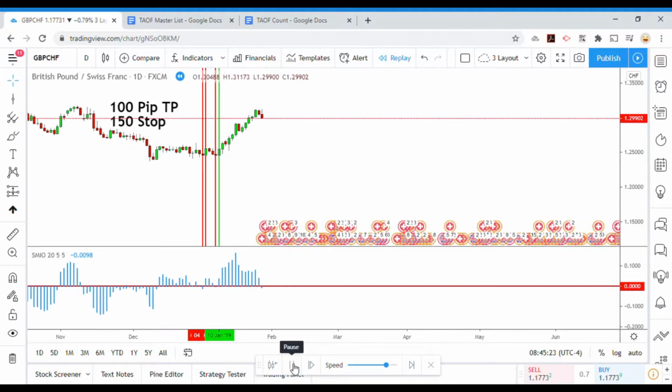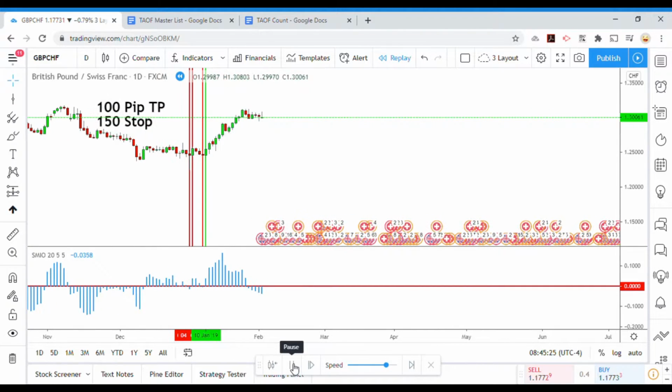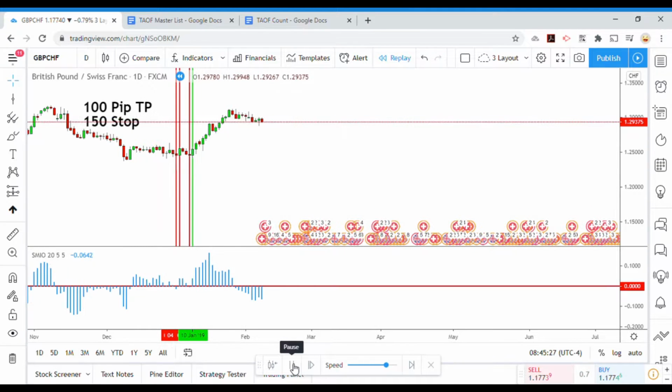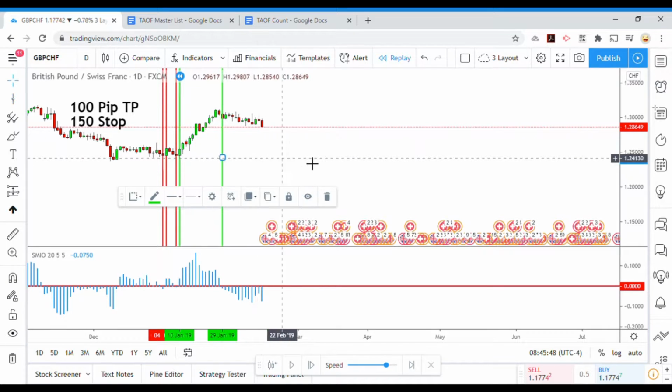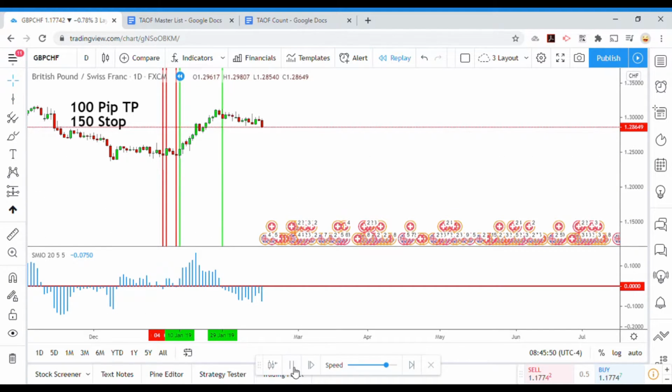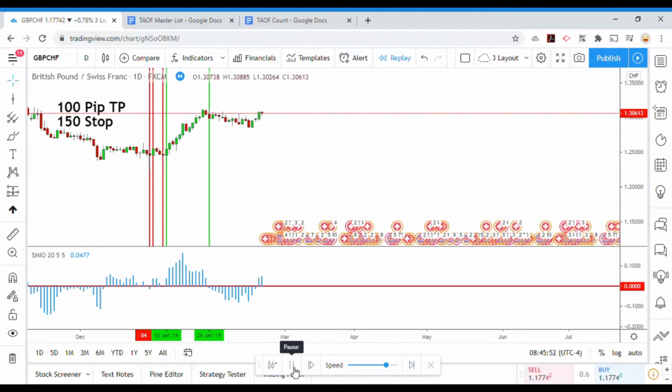So let's carry on here. See if we can get some better results out of this. Looks like that one crossed there. Let's see, cross there. Open there, and it gave us a win there. So looking a little bit better.